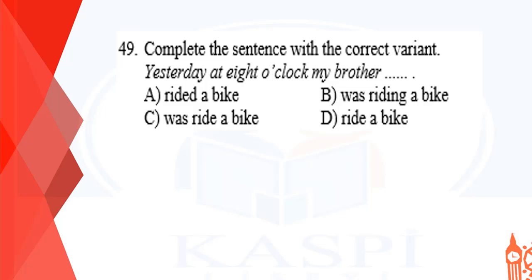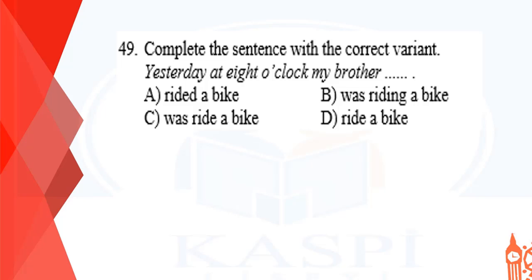Complete the sentence with the correct variant. Yesterday at 8 o'clock, my brother. Variant A is not correct because there is not such a verb form like ride it, as ride is an irregular verb, so its past form is rode.